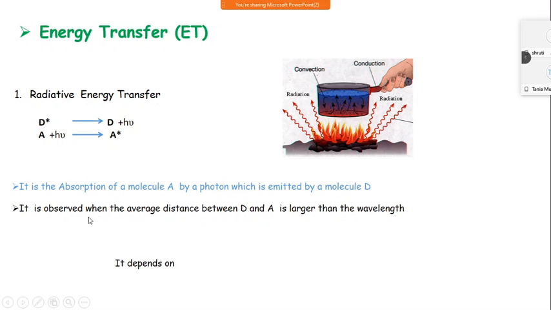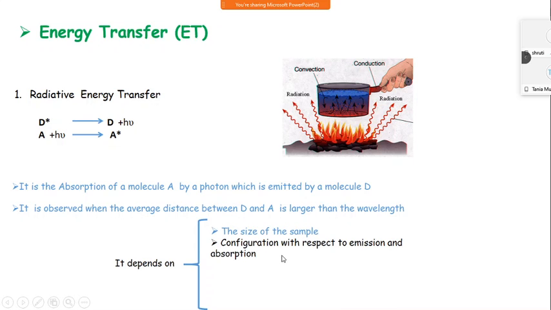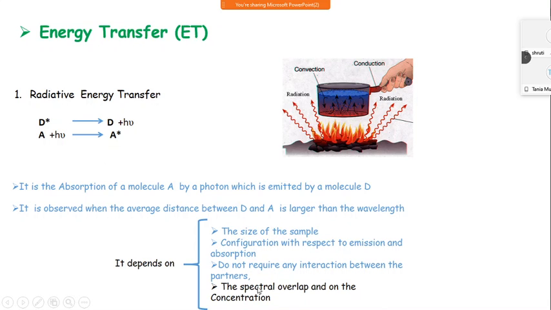It is observed that when the average distance between D and A is larger than the wavelength, this energy transfer depends on the size of the sample and configuration with respect to emission and absorption, and it does not require any interaction between the two molecules or atoms, or spectral overlap and concentration.